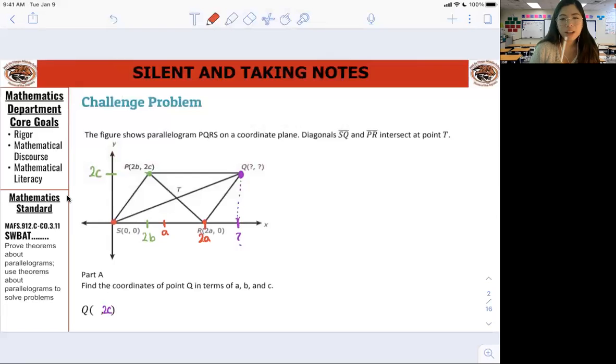No, it's not going to be 3A, because 3A would probably be a little bit further. 3A would be somewhere over here. 2.5A. Here's my clue. Use the A and the B.